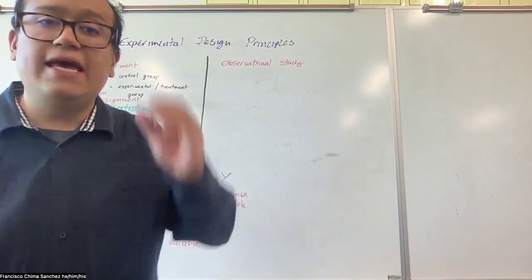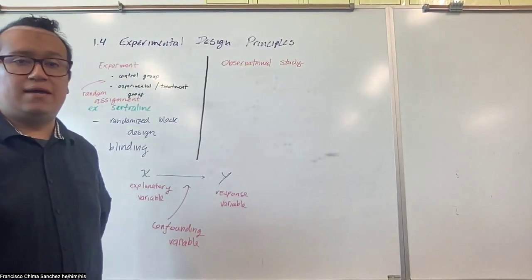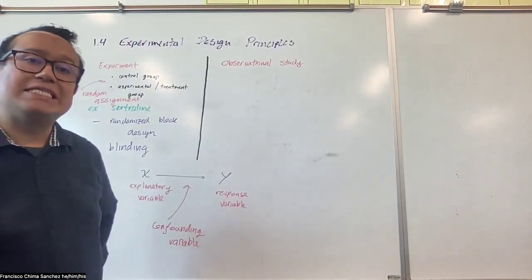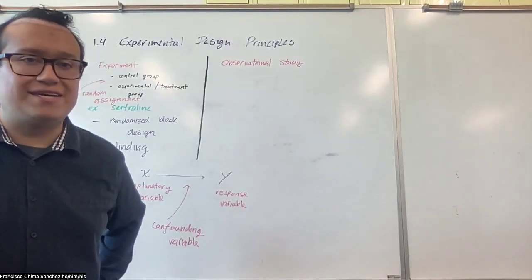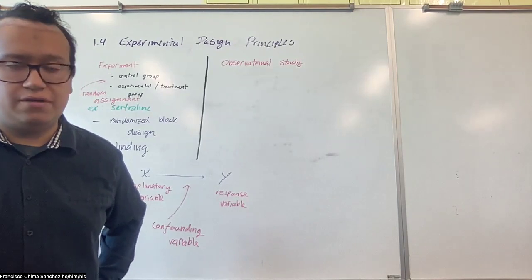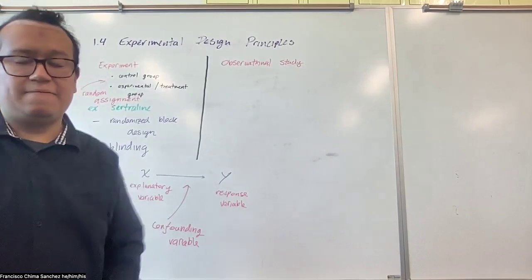the treatment group. On the other hand, we can implement double blinding, in which the experimenters themselves also do not know who is the treatment or the control group. And that is to eliminate something called experimenter bias.